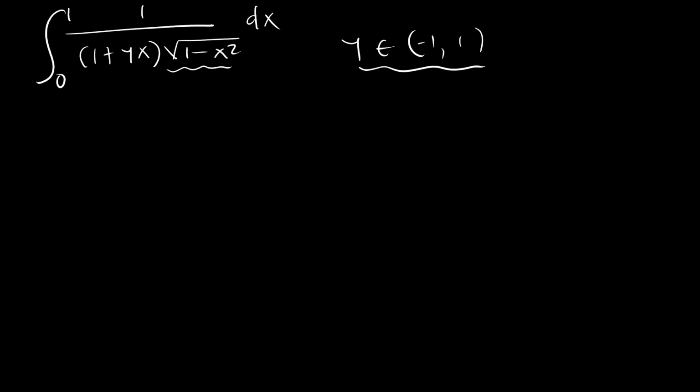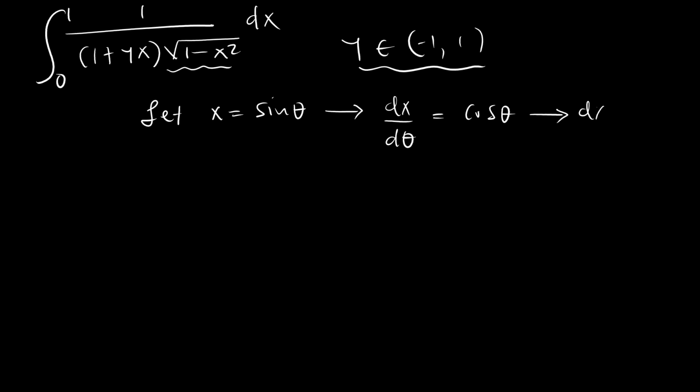we begin by substituting and saying let x be equal to sine theta. And what that means is that dx d theta would be equal to cosine of theta, such that dx is equal to cosine theta d theta. So that's important.